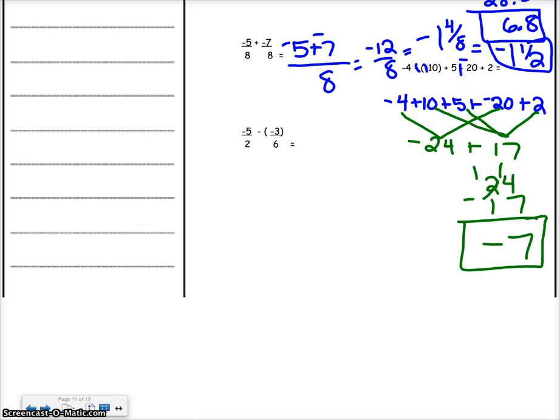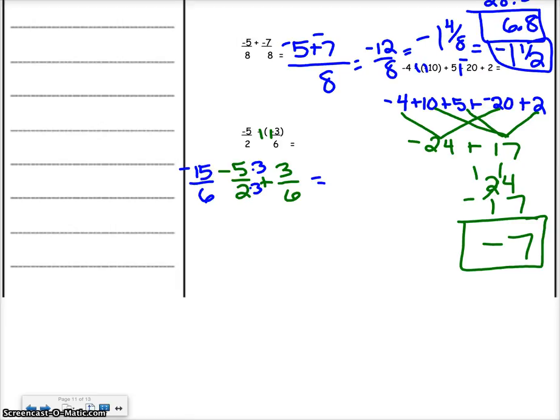And lastly, I see a minus a negative. That should turn to plus plus. I do always rewrite it with plus plus because I feel like it looks really messy. I need a common denominator of 6, times by 3. So this should be negative 15.